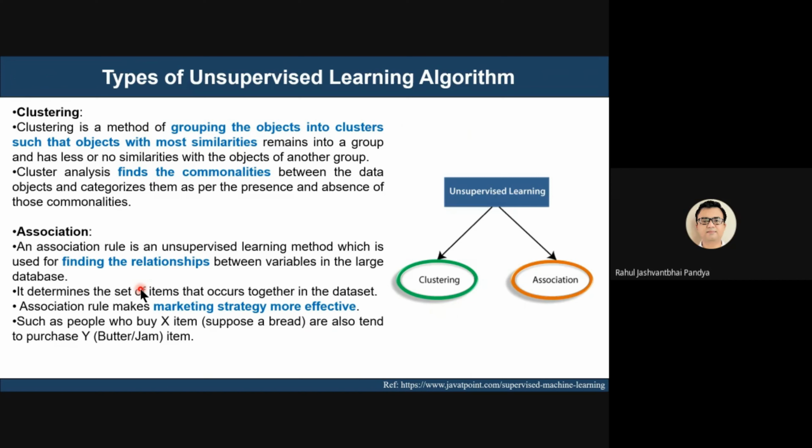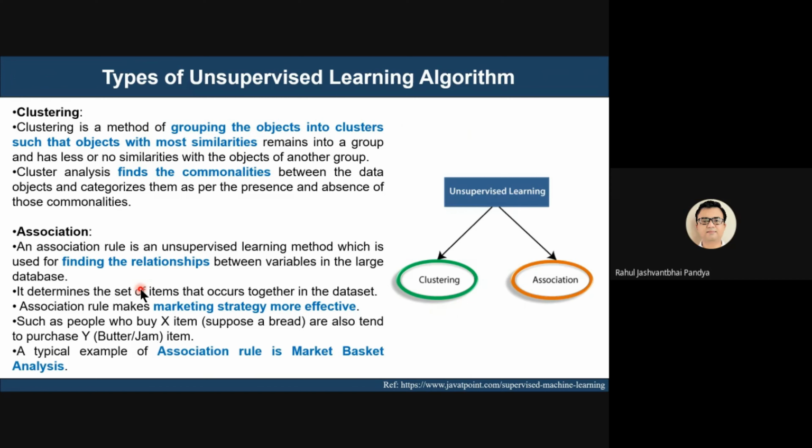Like I say, if I am trying to purchase bread, most likely I'll purchase jam also, or maybe different flavors of jams. So bread and jam, or bread and butter, together they will go, right? That's a combination or a particular behavior where a set of items occur together in a particular data set.